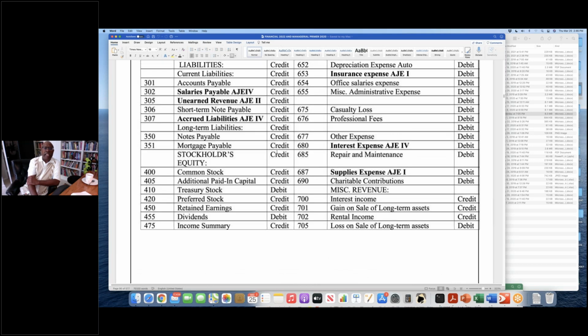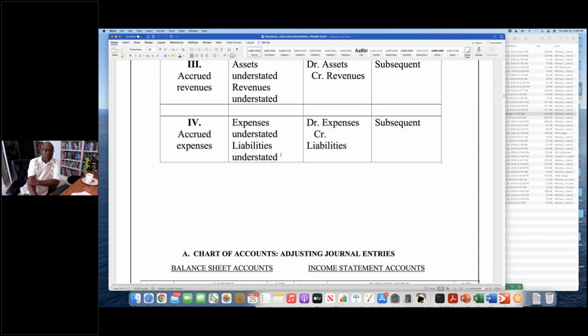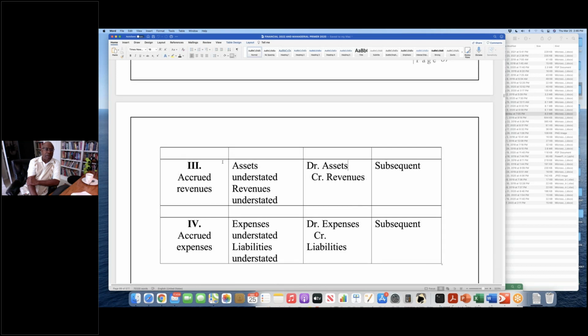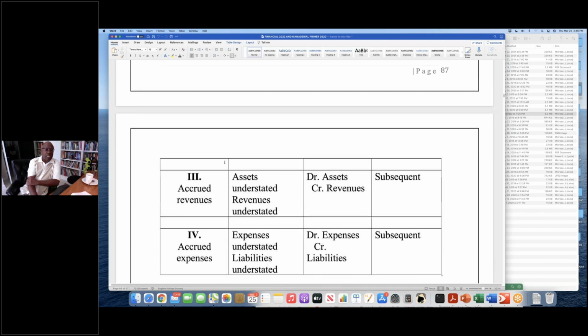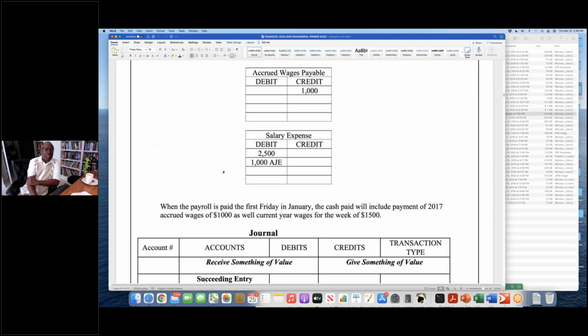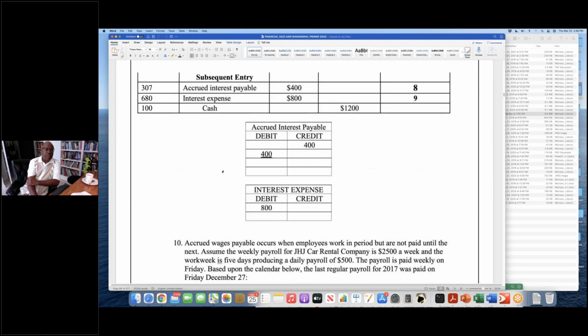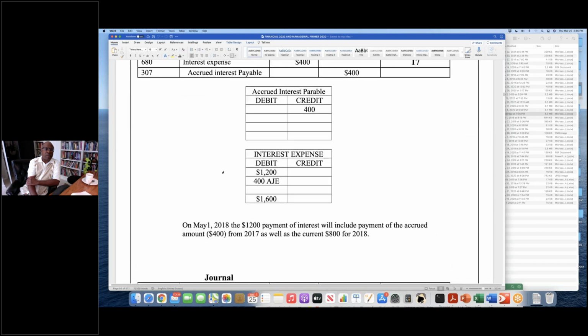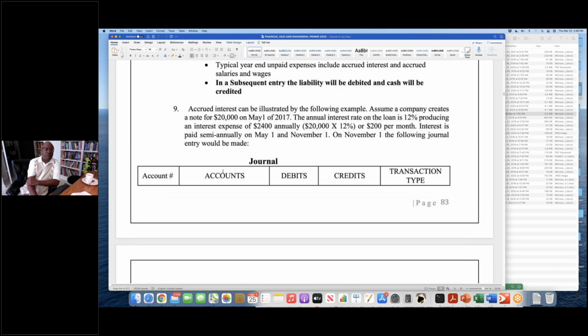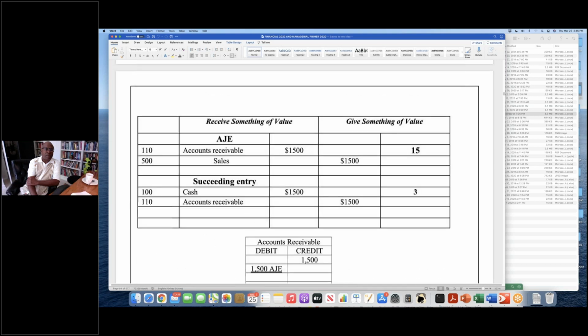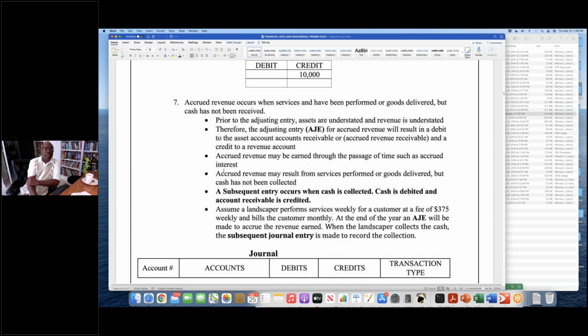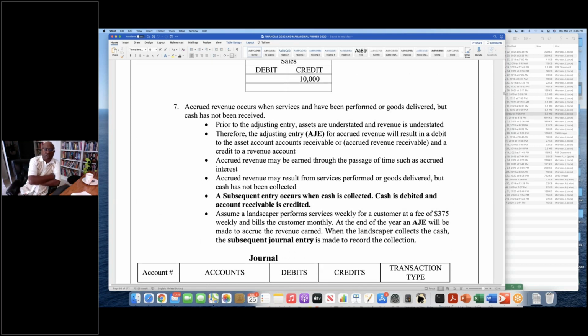Today, let's begin by looking at accrued revenue. So this is an AJE type 3. And let's look at an example. Accrued revenue occurs when services have been performed or goods delivered, but cash has not been received. Prior to the adjusting entry, assets are understated and revenues are understated.